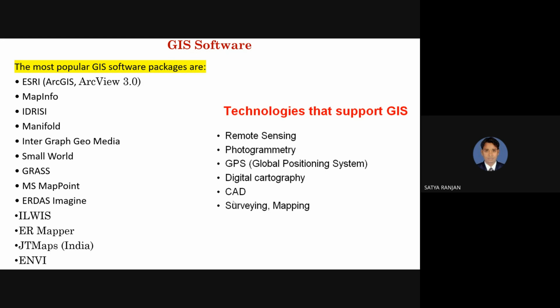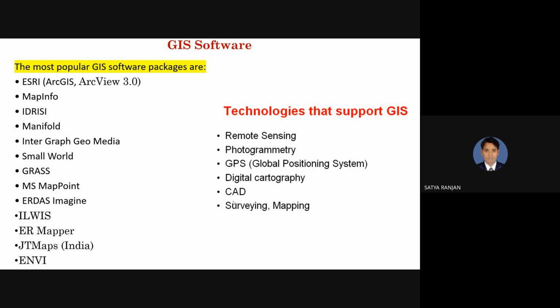Out of these, ESRI ArcGIS and ENVI are commercial software which are not available free of cost. Some, like IDRISI, GRASS, and ILWIS, are open source software. You can also download ArcGIS and ENVI, and some cracks are also available in the market. So these are also helpful. You can try for this.